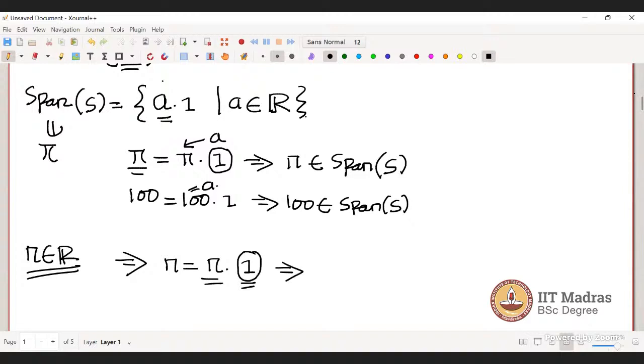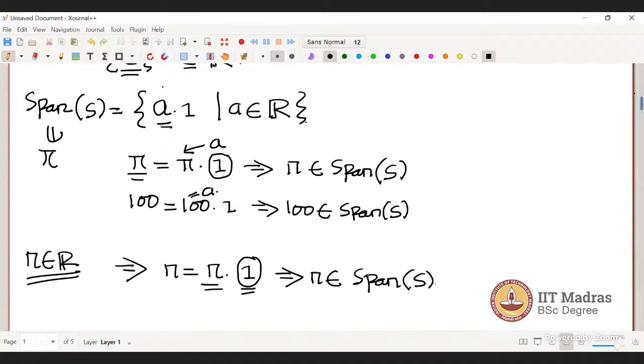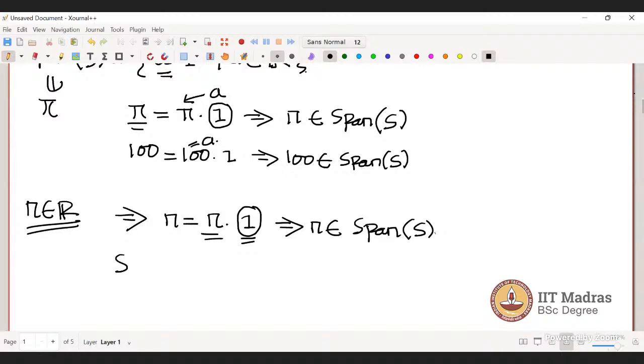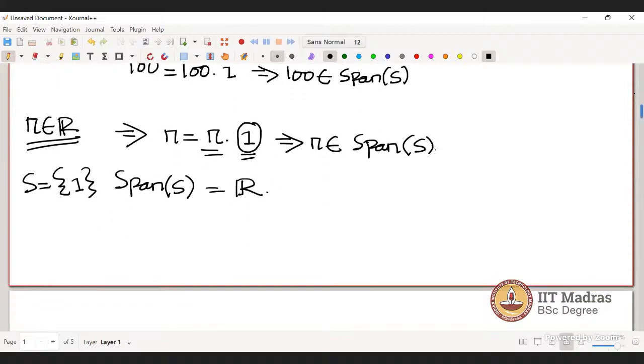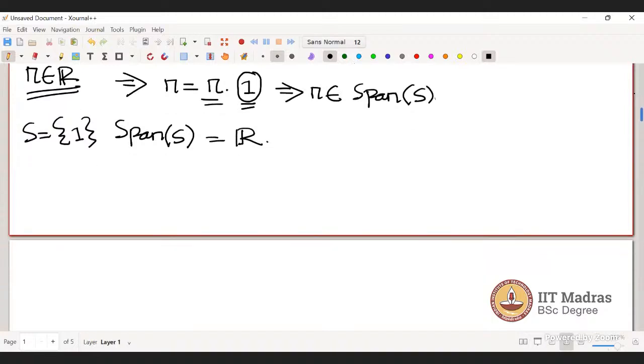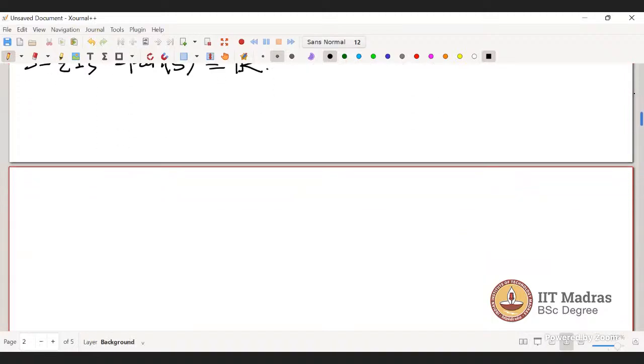That means R is in span of S. So when S is {1}, span of S is basically R, all real numbers, because I can write any real number as a linear combination of 1. That's why span of S is R.